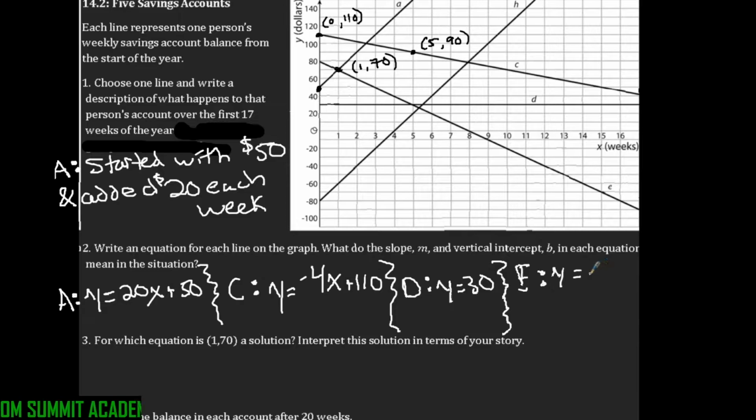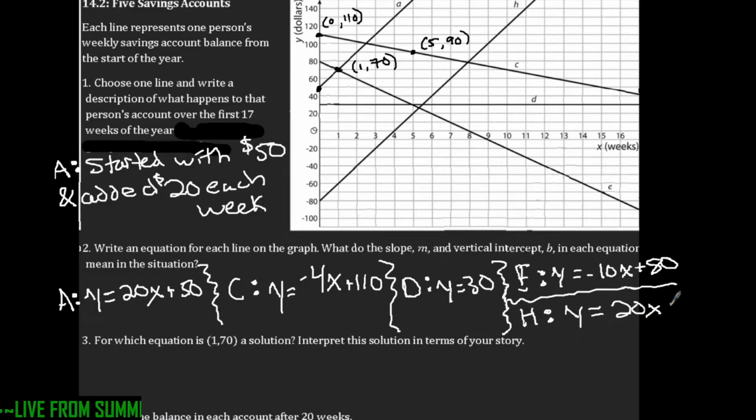So I'm decreasing, so I have negative 10x, and it started at 80, so plus 80. And for H, my equation is y equals 20x minus 80, because we start at negative 80. Notice we have a positive slope, and it goes up by 2 steps for every 1 week.